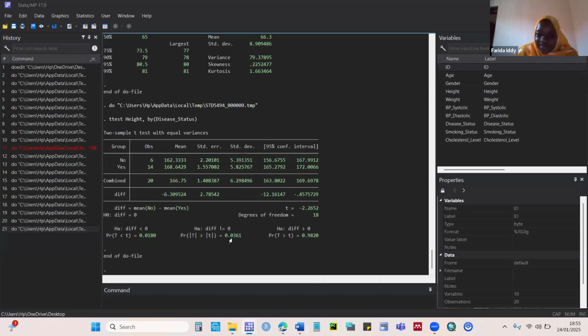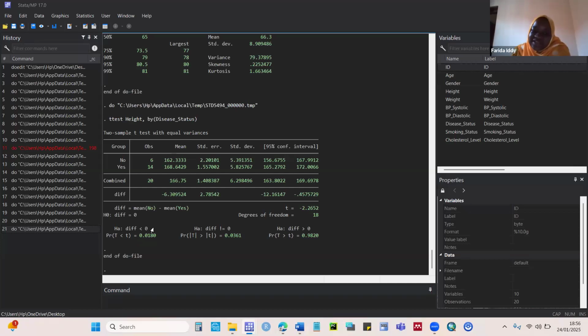If we don't know the direction and decide to go on with this, we can just say there is a difference between mean heights for those who are diseased and those who are not.